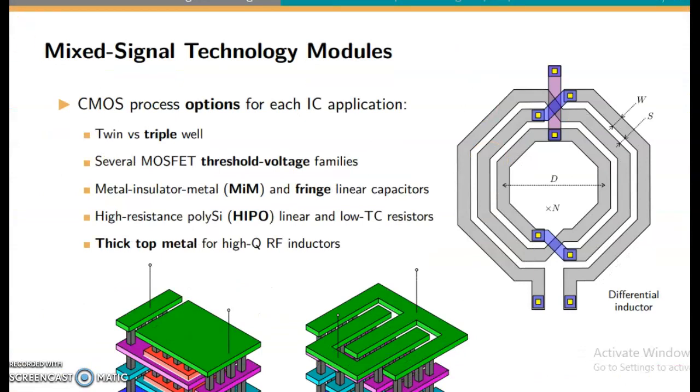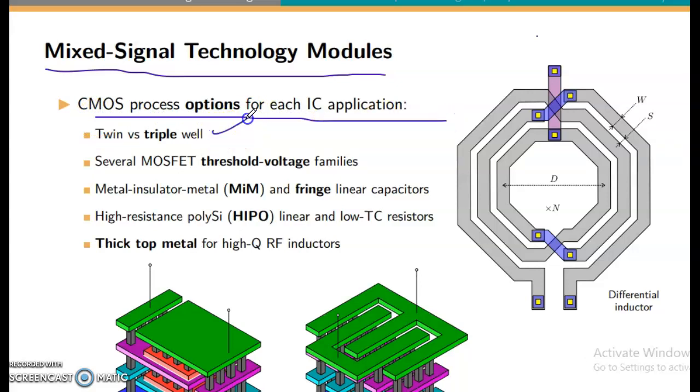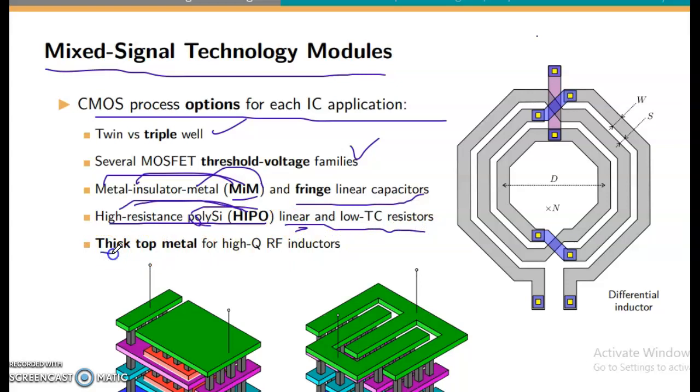In these mixed signal technology modules, CMOS process options for each IC application: twin versus triple well, several MOSFET threshold voltage families, metal-insulator-metal and trench linear capacitors, high resistance polysilicon, linear and low DC resistors, thick top metal for high RF inductors.